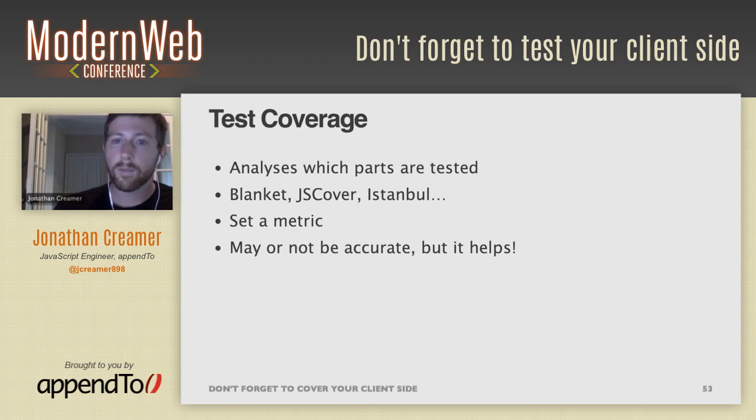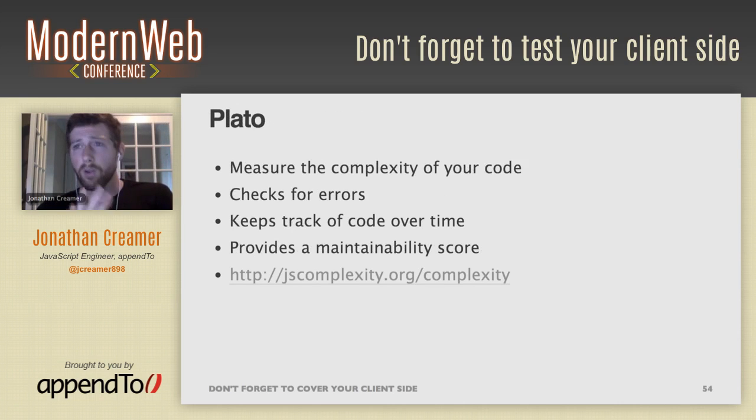So the next tool that I really like is called Plato, and it's a static analysis tool that you can run, and it kind of gives you this guide of how complex your code is. It's not the end-all be-all, but it does run some really interesting computer sciencey things: lines of code, numbers of parameters, and then you get into things like cyclomatic complexity density, Halstead complexity, lots of things.